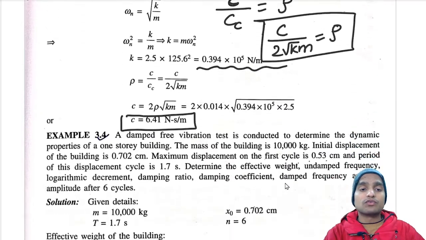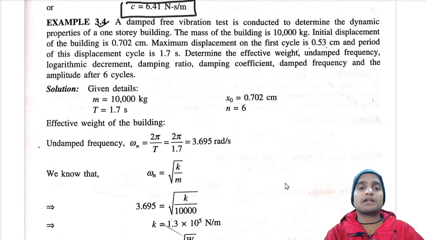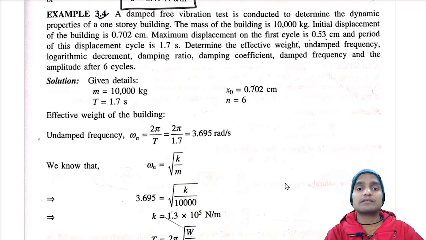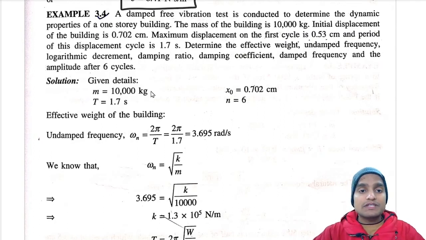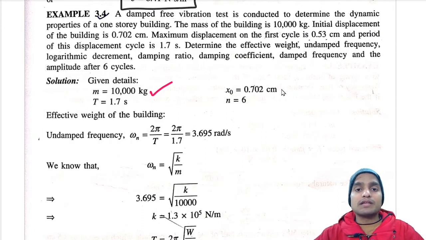So let's do the fourth numerical, and here we are given a damped free vibration test conducted to determine the dynamic properties of a one-story building of mass m equal to 10,000 kg. Initial displacement of the building x0 is equal to 0.702 centimeter. Note the unit, it is in centimeter. Maximum displacement on the first cycle is 0.53 centimeter, and the period of this displacement cycle is 1.7 second.